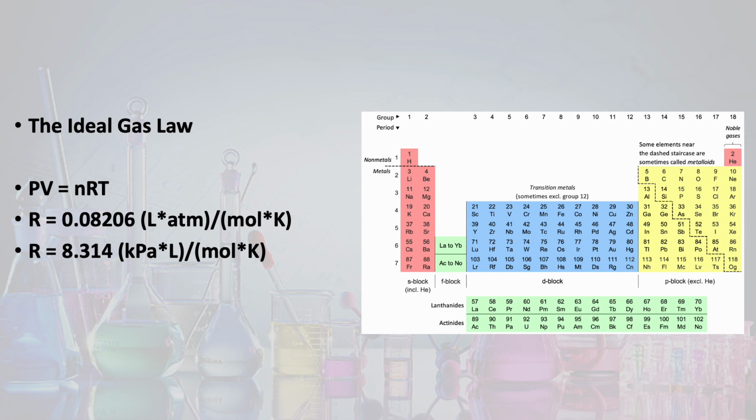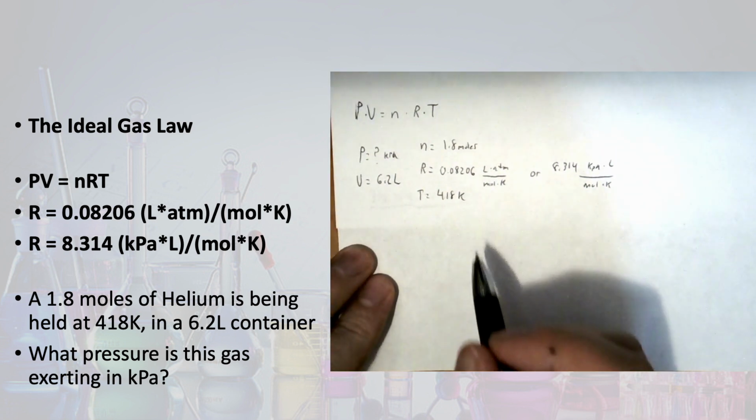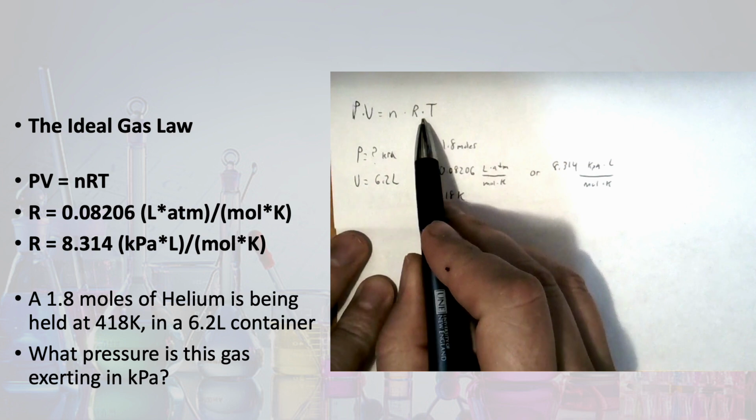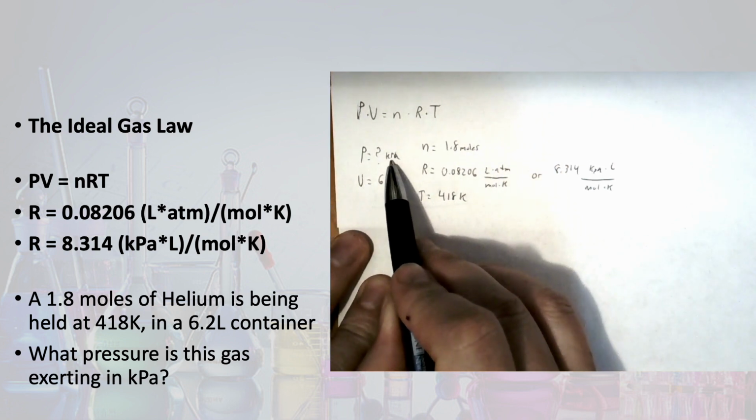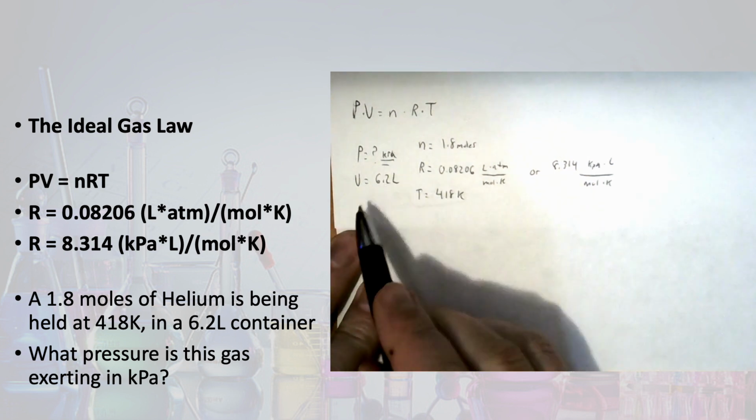So let's attempt to use the ideal gas law, right, PV equals nRT, for our first question on the next slide. So for our first question here, we have 1.8 moles of helium being held at 418 Kelvin in a container with a volume of 6.2 liters, right?